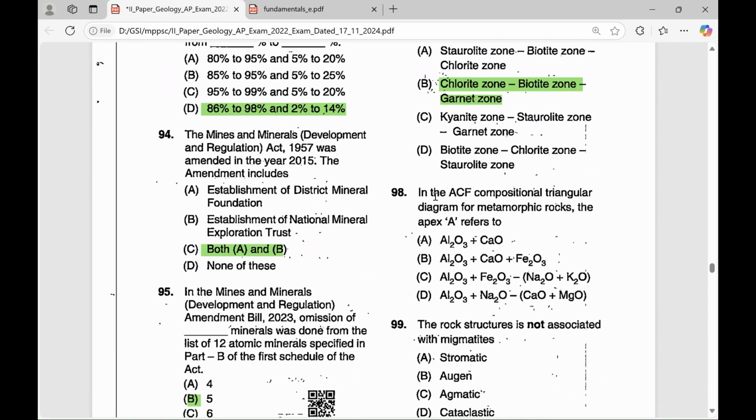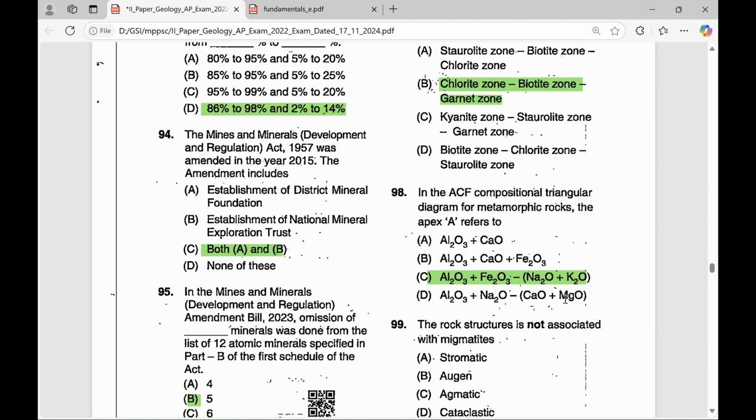Okay, so in the ACF compositional triangular diagram for metamorphic rocks, what does the A refer to? The answer will be, I guess, this one: Al2O3 plus Fe2O3 minus alkalis.